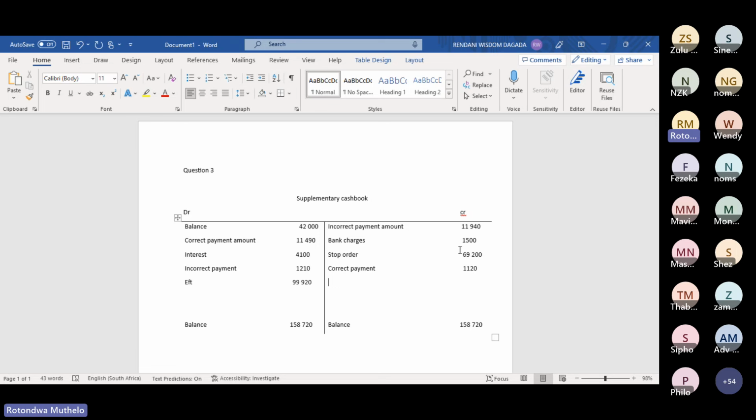So we're gonna say 158,720 minus 83,760. How much does that give us? That is going to give us 74,960. That is going to be what we call balance carried forward.